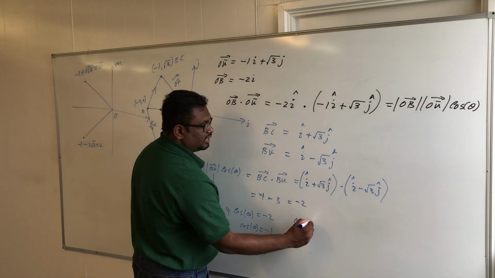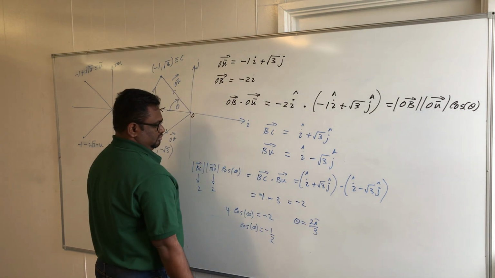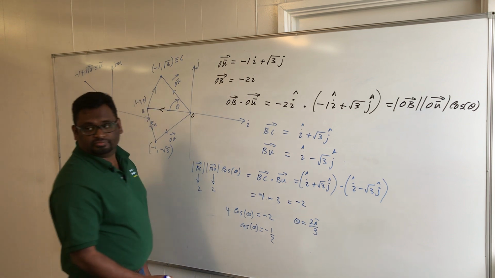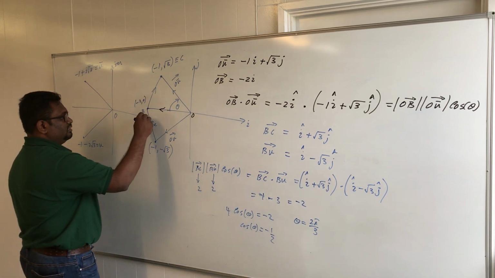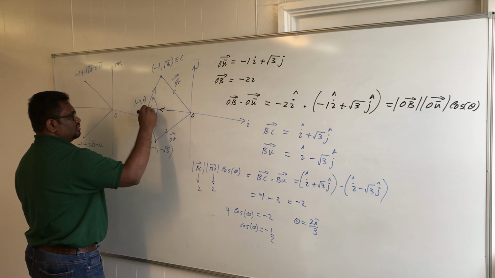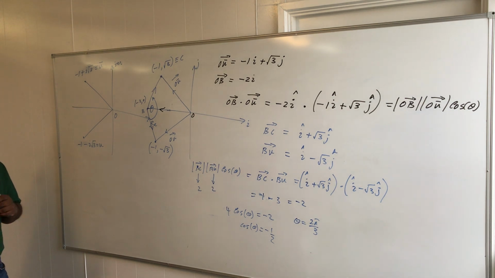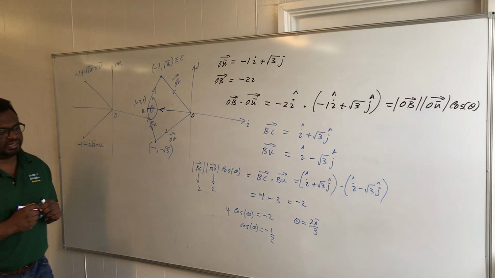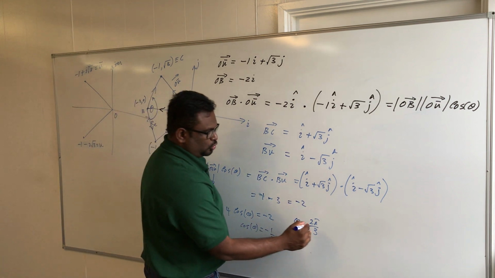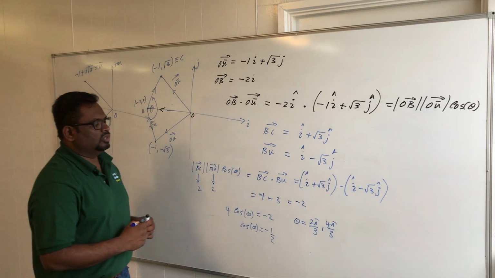But theta is large, right? Well, it could be either. 2 pi over 3 and 4 pi over 3, and then it goes to infinity because there's no domain.